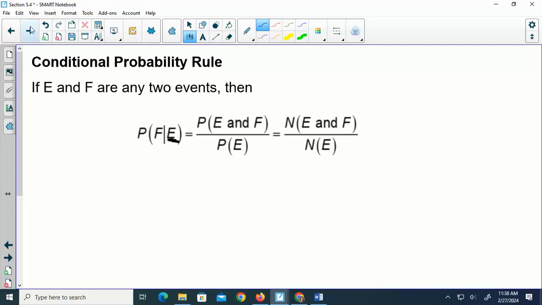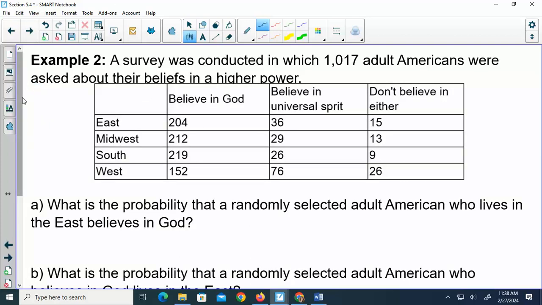Let's take a look. To me, this is one of those formulas that it's almost easier just to think about the problem instead of trying to plug things into a formula. So a survey was conducted in which 1,017 adult Americans were asked about their beliefs in a higher power. So we have the responses broken down by geographical region and how they answered.